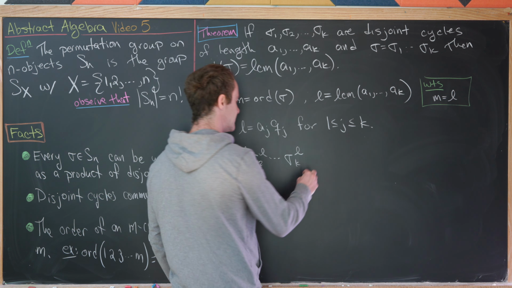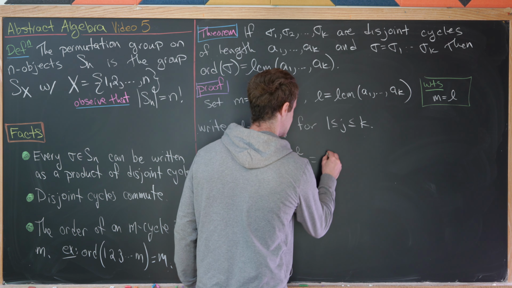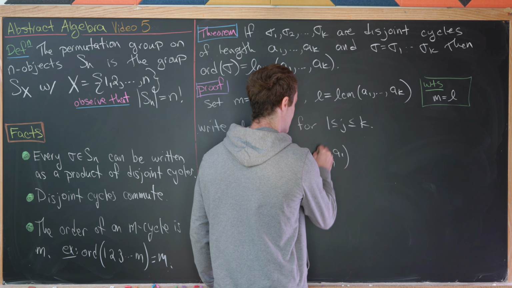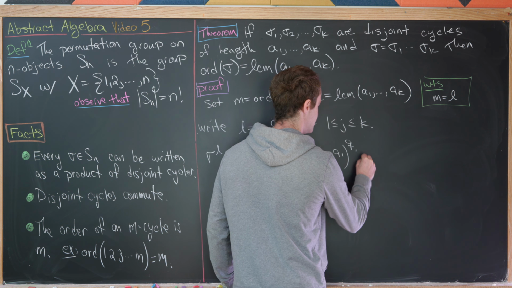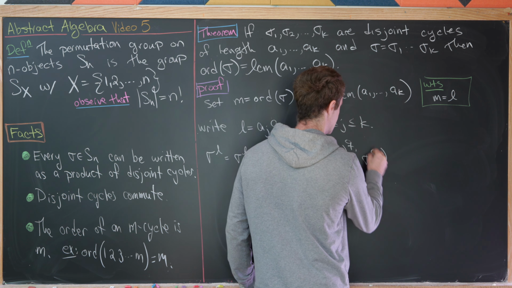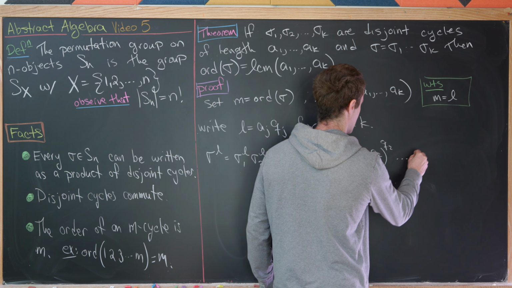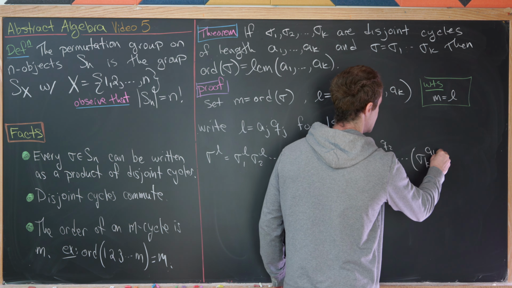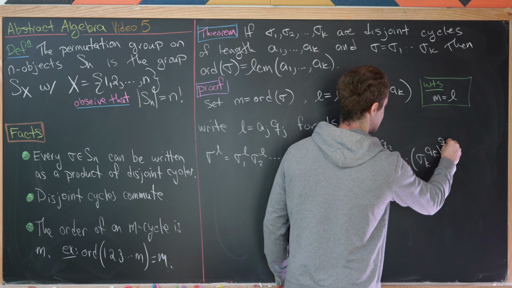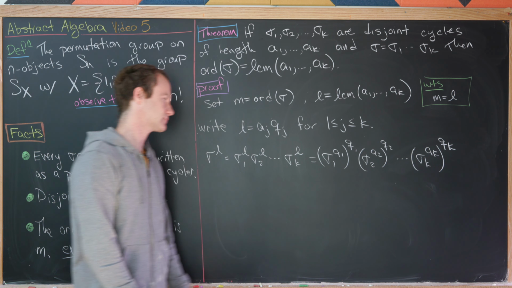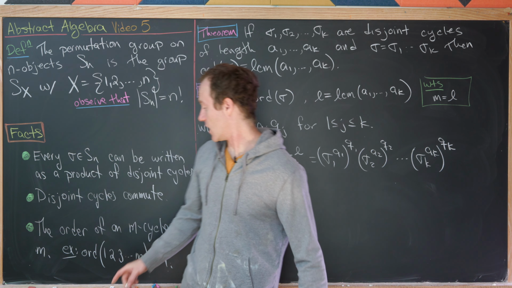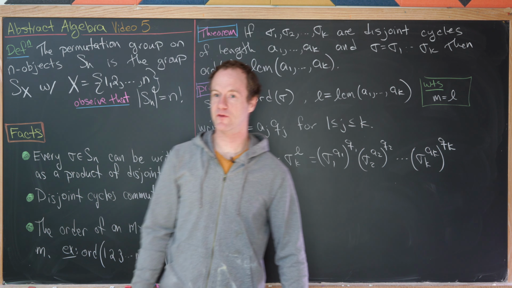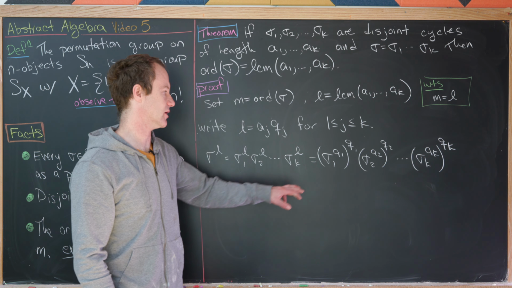Okay, but now each of those can be written as sigma 1 to the A1 raised to the Q1, sigma 2 to the A2 raised to the Q2, all the way up to sigma k to the AK raised to the QK, like that. But now this other fact down here about the order of an M cycle essentially takes us home.